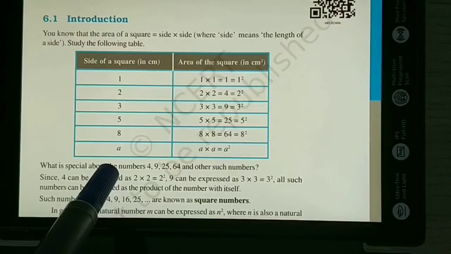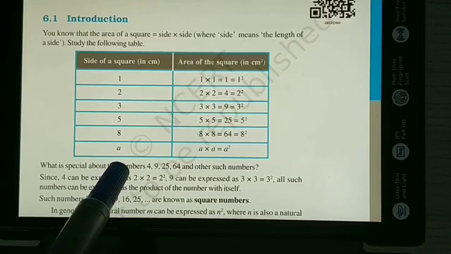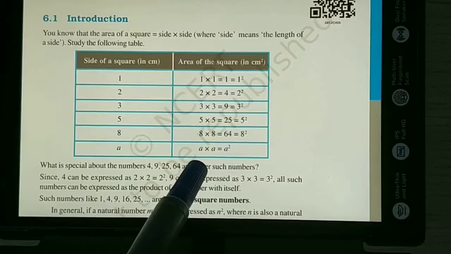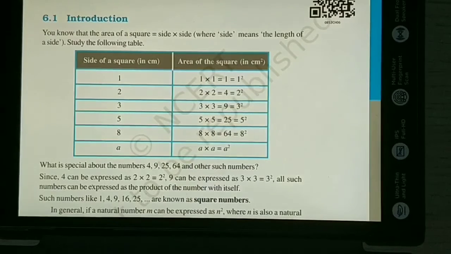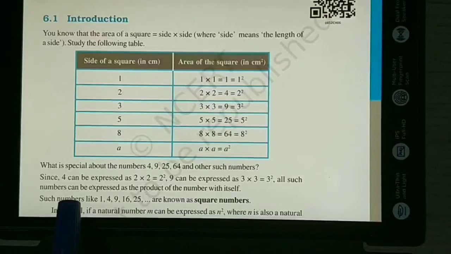So in general we can say when the side of the square is a, the area of the square is a square. So what is special about these numbers 4, 9, 16, 25, 64?